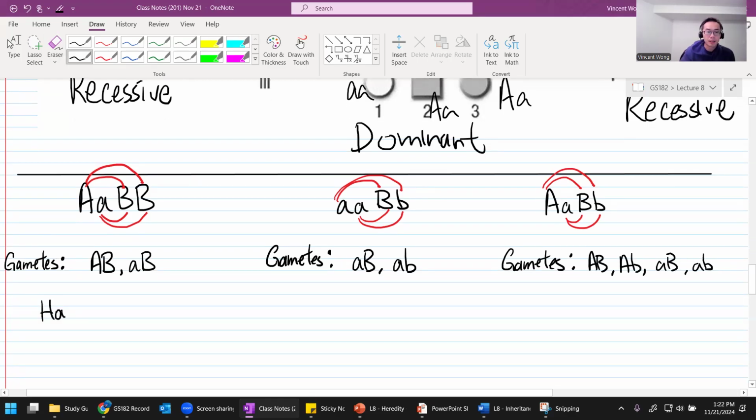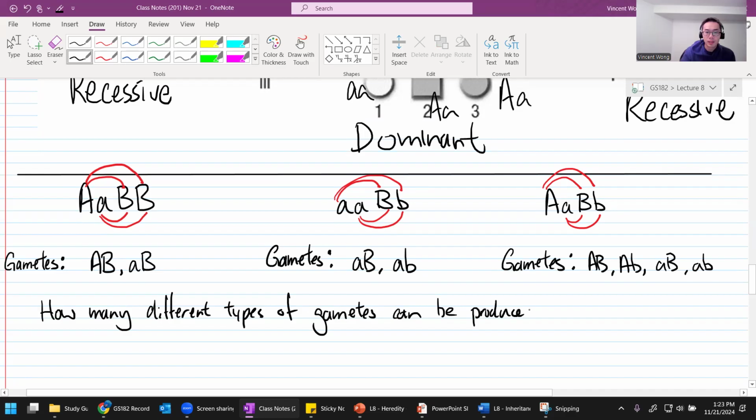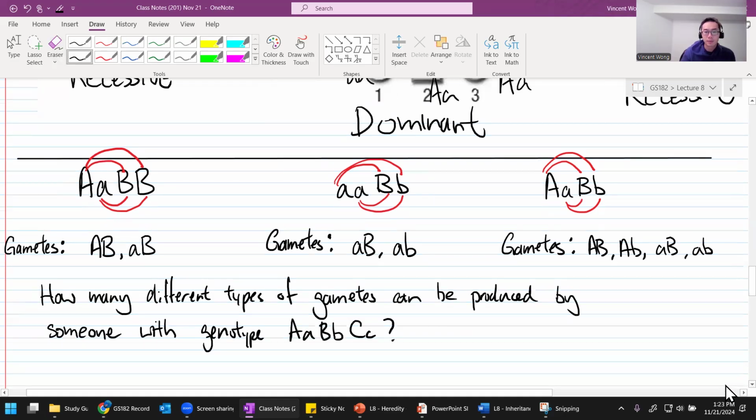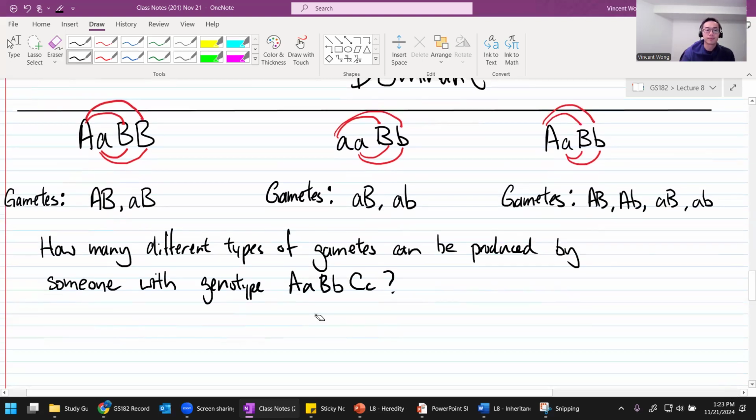Okay. Another question: how many different types of gametes can be produced by someone with genotype... What do you guys think?